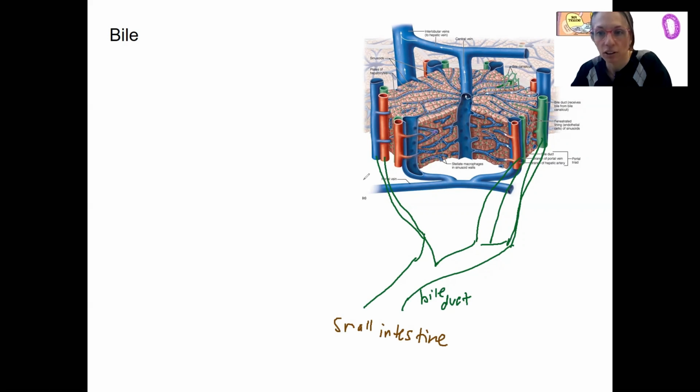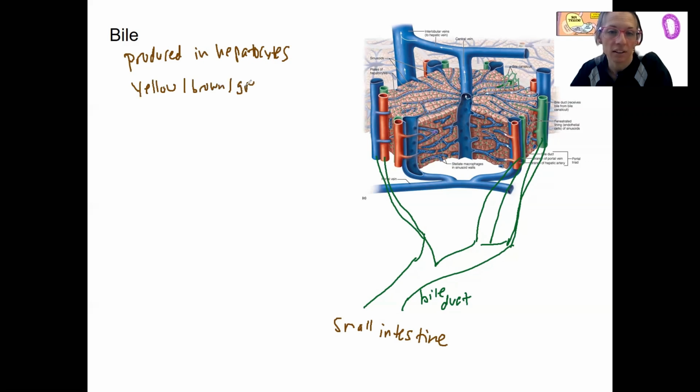Actually, this is a great color here for talking about bile. So it's produced in hepatocytes. What is it? It is a yellowish, brown, green, alkaline solution. It's actually in water.